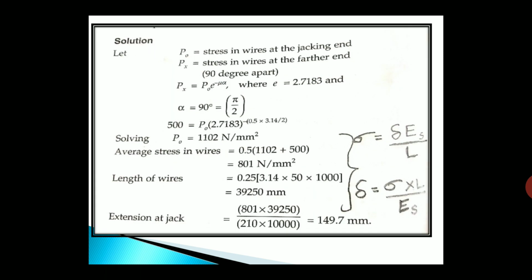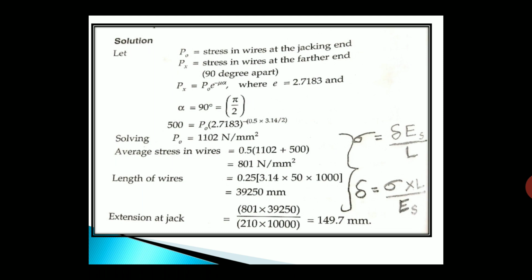So now we have two stresses, that is P naught and Px. So let us take the average stress, P naught plus Px divided by 2, which gives us 801. So now this stress we can use for your further calculations.